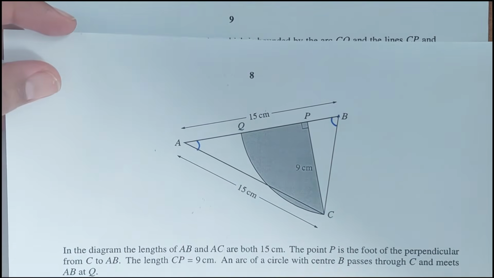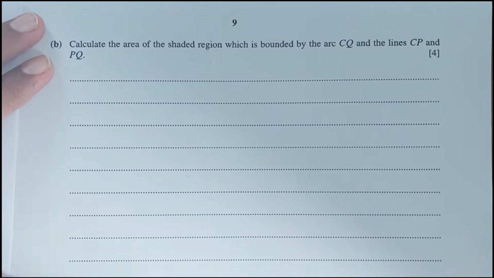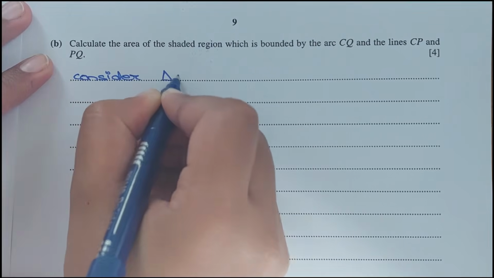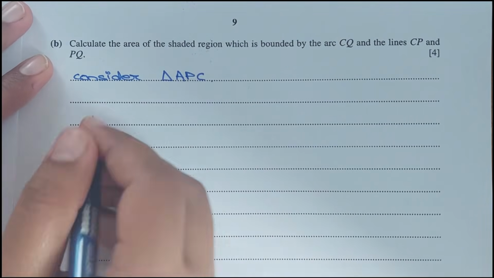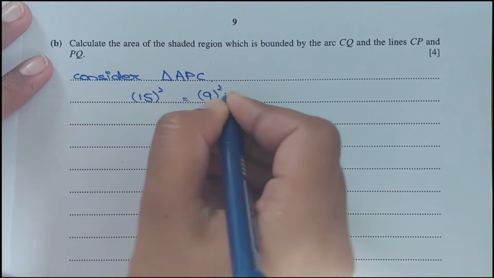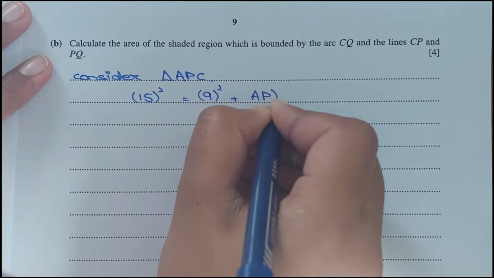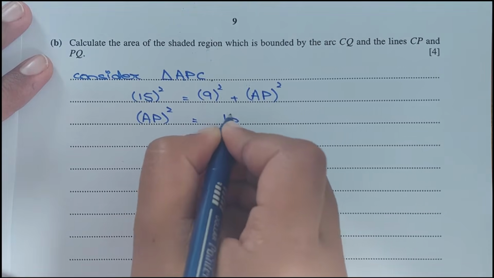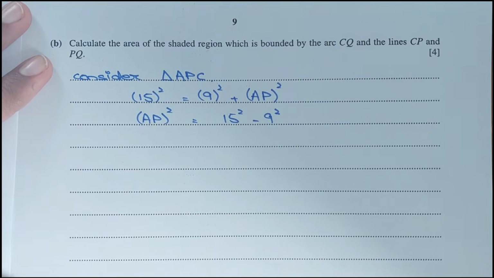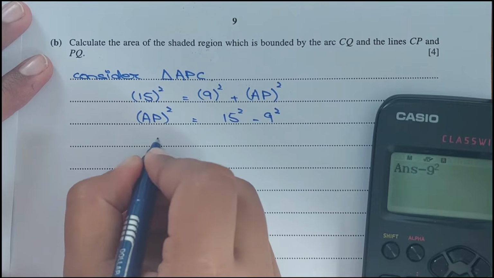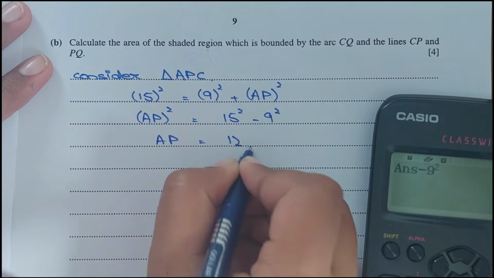This is the hypotenuse, so applying the Pythagoras theorem, 15 equals 9 squared plus AP squared. So AP squared is 15 squared minus 9 squared, which is 144. So AP is equal to 12.